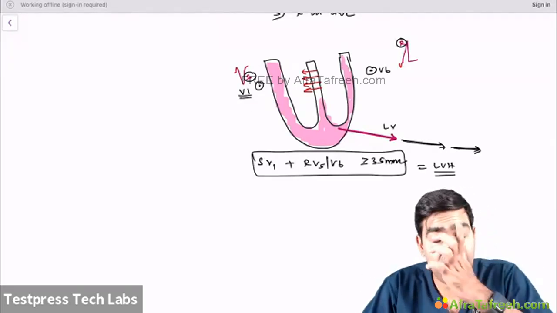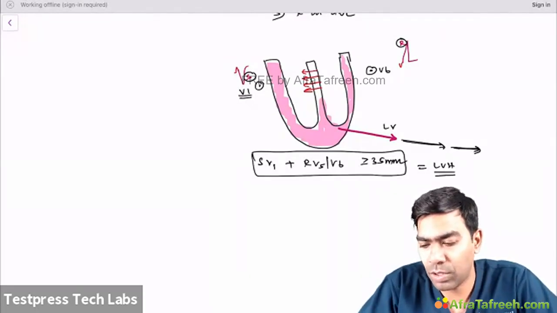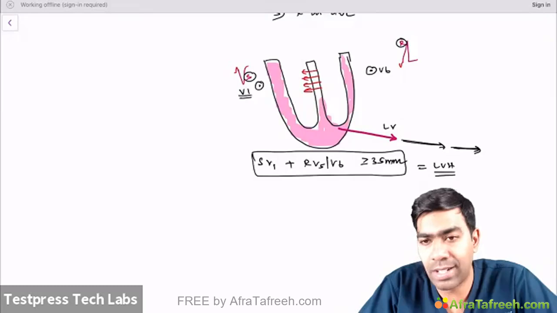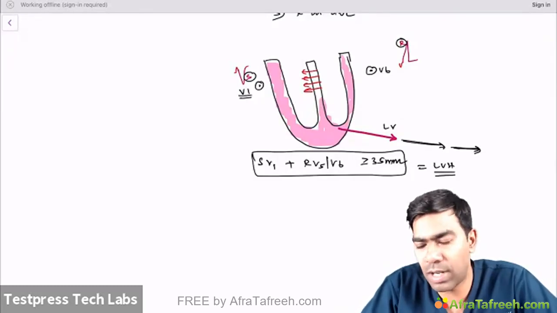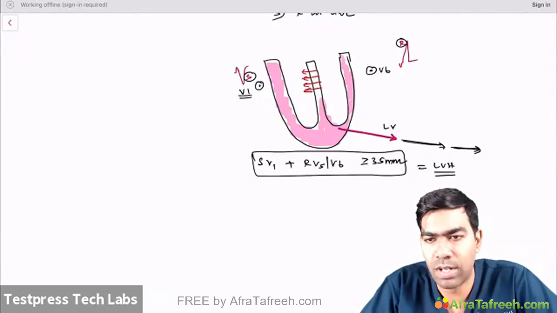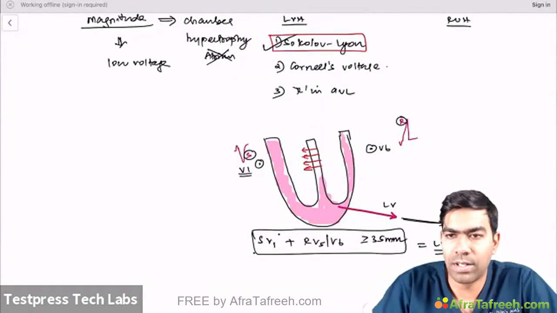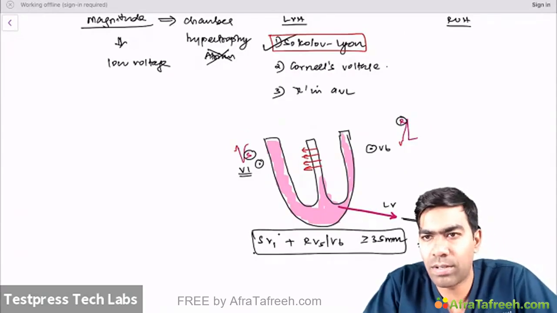I think you can get this. Why it's told like this is very easy, not very difficult to get. So this is the Sokolov-Lyon criteria: S in V1 plus R in V5 or V6, if it's more than or equal to 35 millimeters, becomes a diagnostic criterion for left ventricular hypertrophy. This is the basic Sokolov-Lyon criteria. Is everyone getting this or not?